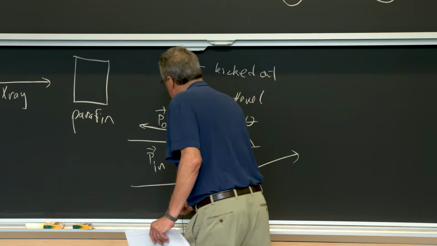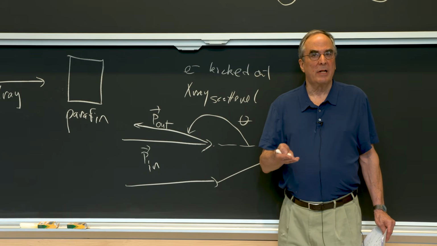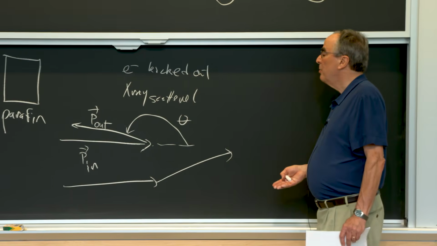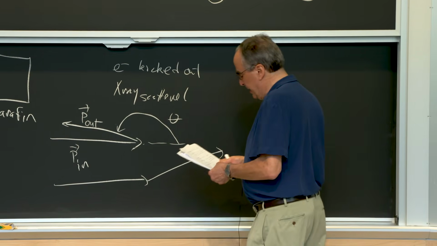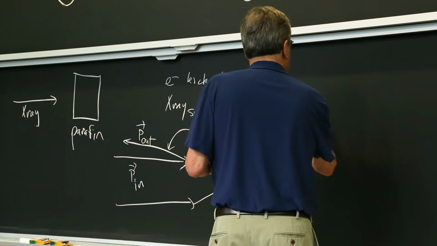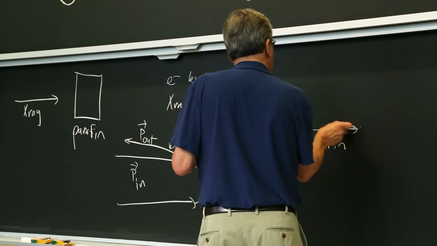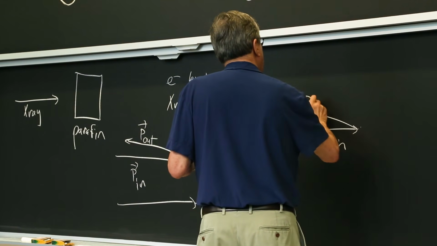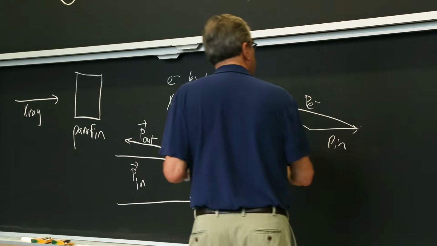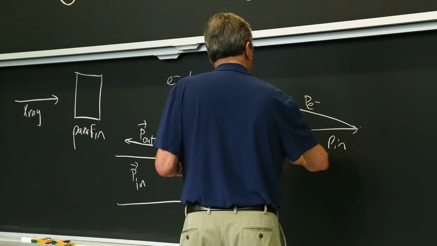So now this momentum has to be transferred to the electron. And so we can draw conservation diagrams where for this case, the backscattering, we have P in, we have the electron, P electron, and we have the momentum of the X-ray.